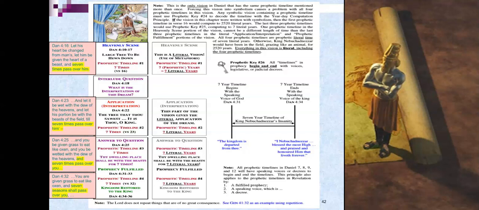Now, I want you to do some more math. Let's just say that this vision is in 600 BC. Add on 2,520 years. What do you get?